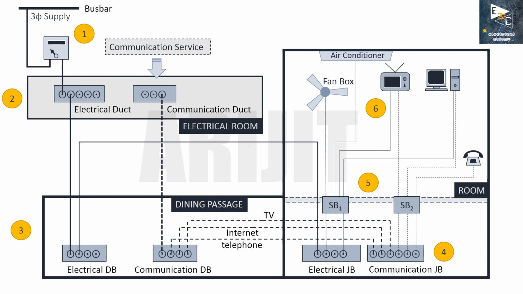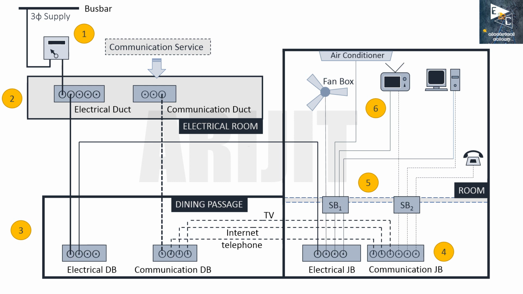The communication service is taken separately from electrical, and it has to be done to avoid any signal distortion or noise induction. In common practice, ducts are made either inside the electrical rooms or at the backside of the lift lobbies so that they remain inaccessible and restricted for the public.